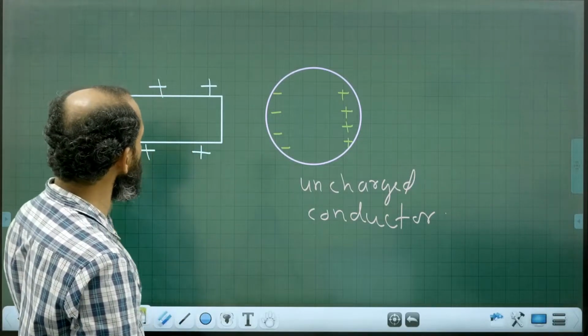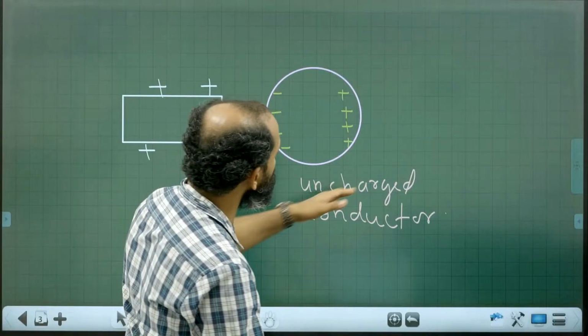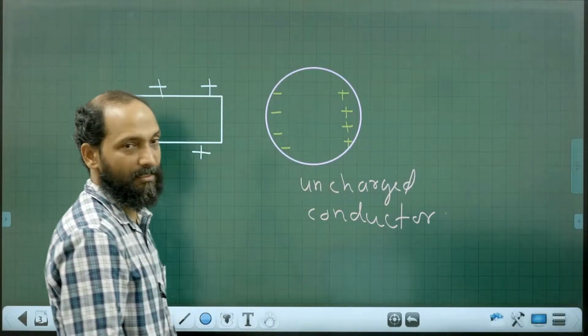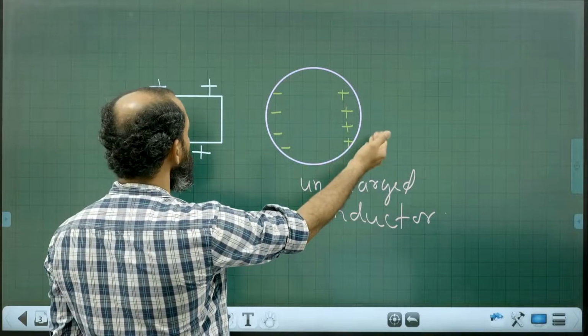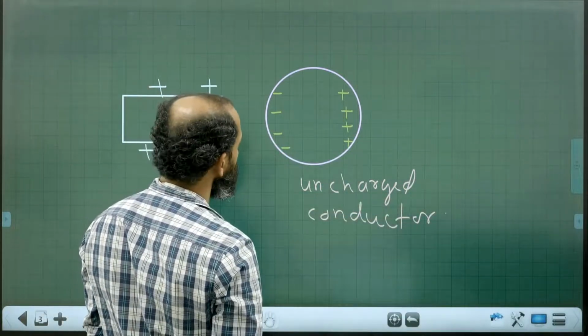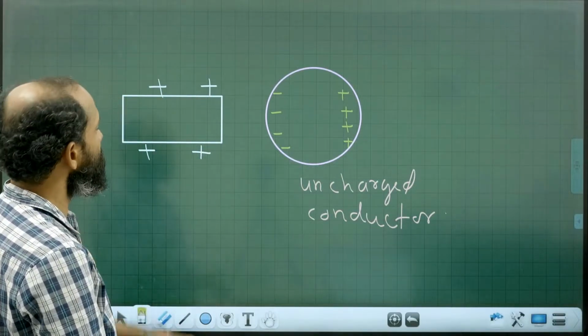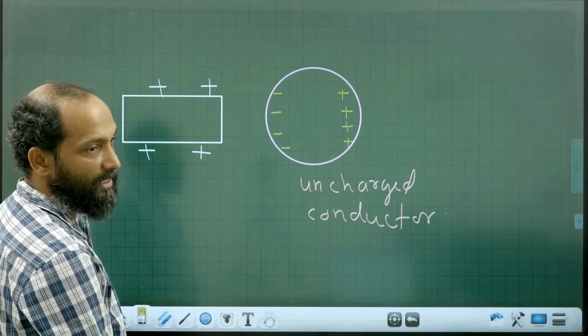In the presence of the electric field due to this charge, there will be a redistribution of electric charges in this conductor, due to which negative, equal and opposite charges are assumed at the nearer places and equal and same charges at farther places. This is called electrostatic induction.